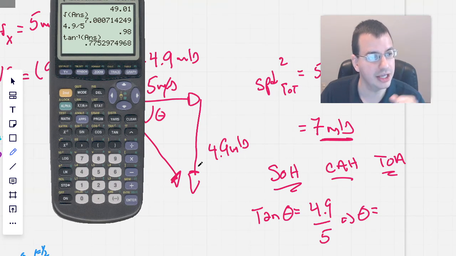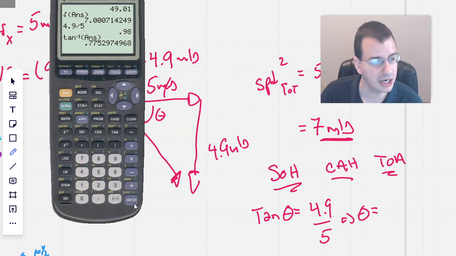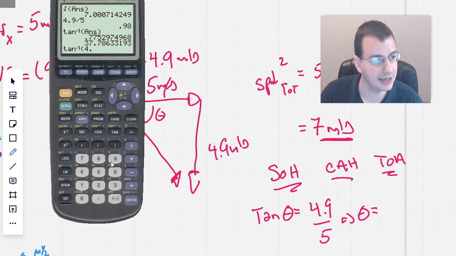So we're going to do 4.9 over 5, second arctangent. I don't want that. So mode, degrees. Yes, I want it in degrees. I'm going to check it again just to be sure. 4.9 over 5.